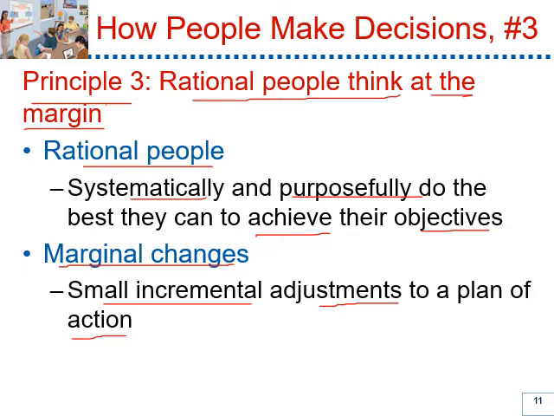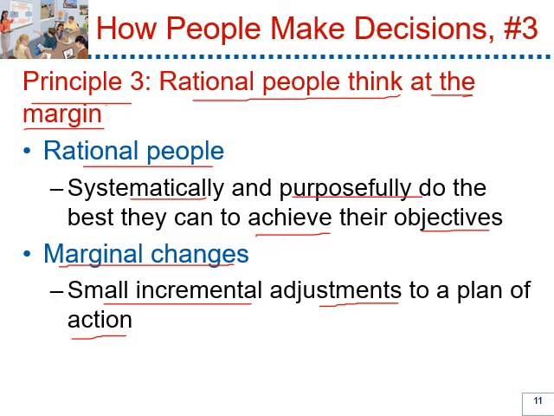For instance, consumers want to purchase the goods and services that give them the greatest level of satisfaction given their income and the prices they face. Another example is a firm manager who wants to produce the level of output that maximizes the profit the firm earns.